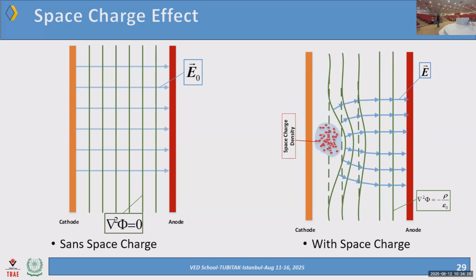But what if we have lots and lots of charges? What will happen? They have their own field. They will disturb the already existing electric field, the potentials, in fact. What is the worst consequence of this? The electric field vectors, which are perpendicular to the potential, will no longer be directing in one direction.